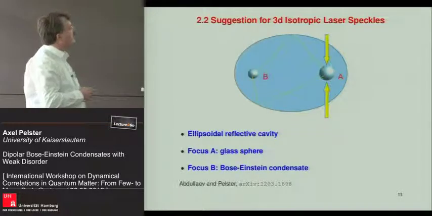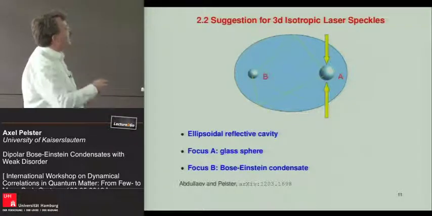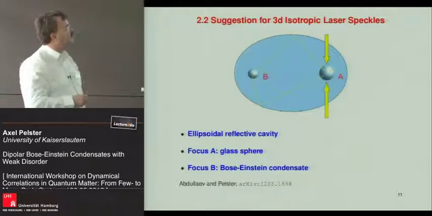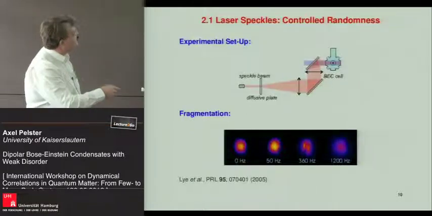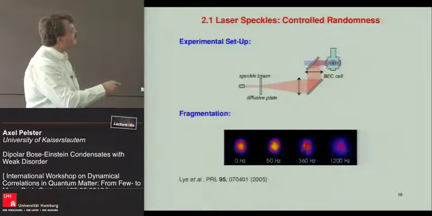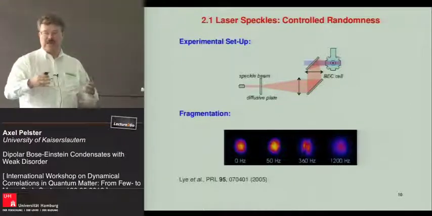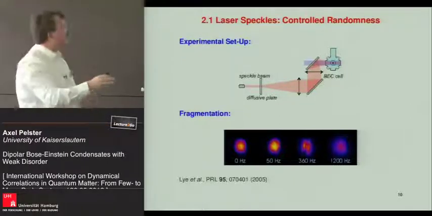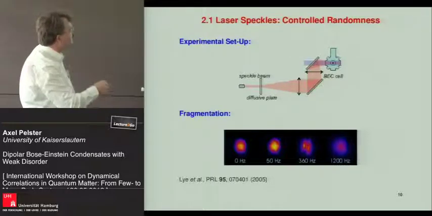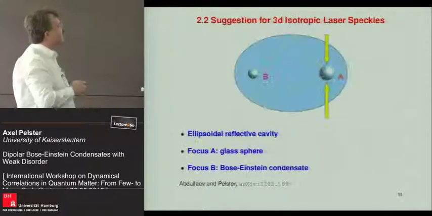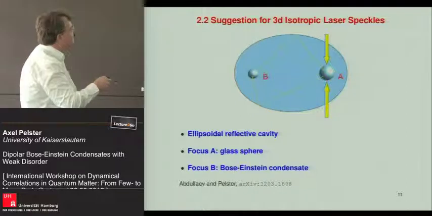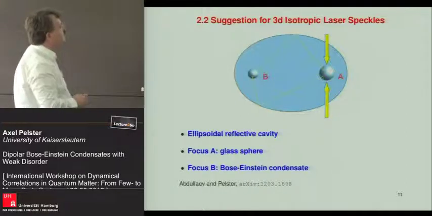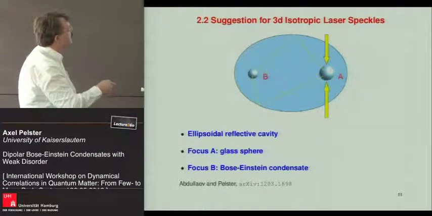Now we have made recently a proposal how isotropic laser speckles may be constructed. When you have such a geometry, the laser speckles are by construction anisotropic because you have a preference direction, which is just the direction here of the laser light. Our idea to maybe experimentally realize an isotropic laser speckle potential goes as follows.